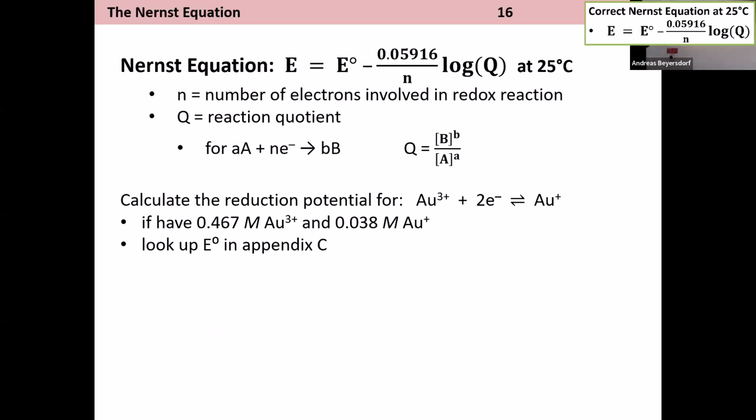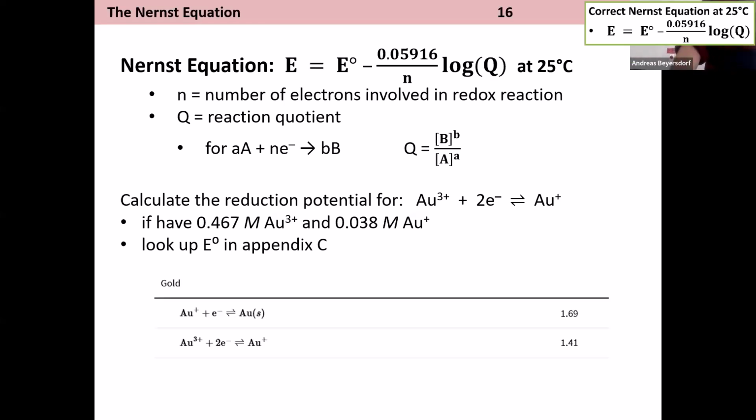All right, so let's look at the reduction potential for Au3 plus 2 electrons going to Au plus. If we have 0.467 molar Au3 plus and 0.038 molar Au plus. We can look up E naught in Appendix C of the book.